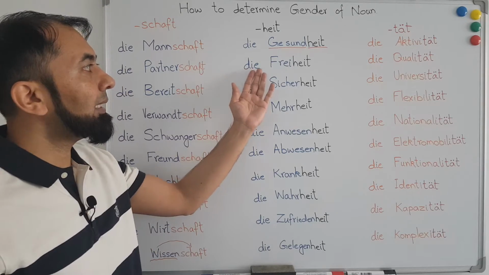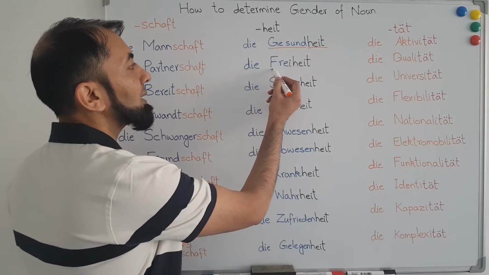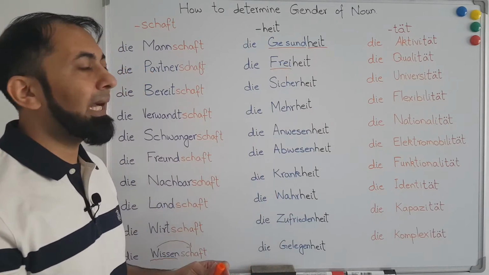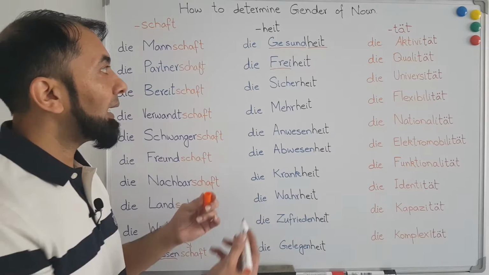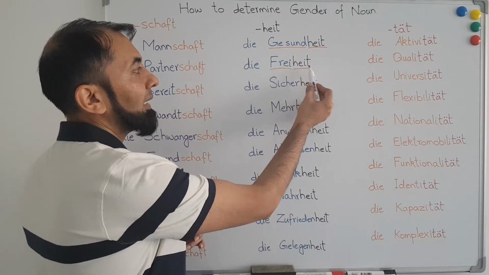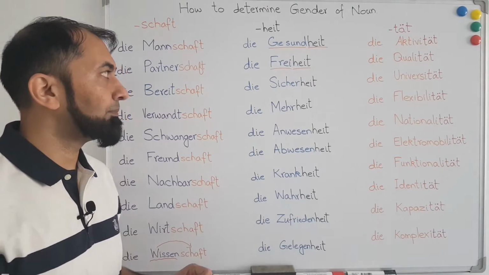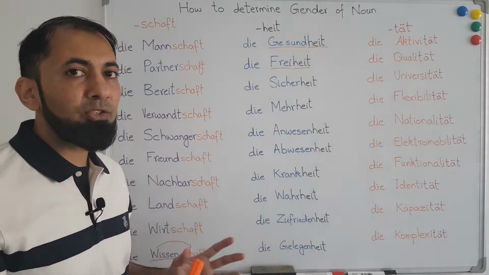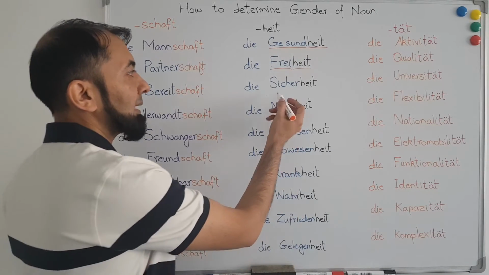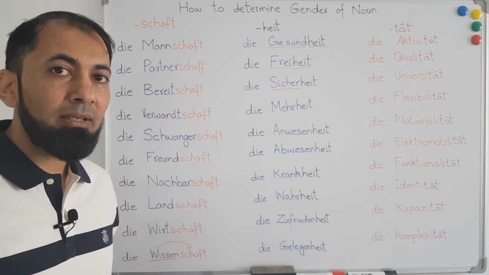Next is die Freiheit. Again consists of two words. The first one is frei, which means free. Bist du frei? Are you free? And if you put a suffix -heit, it will become Freiheit, which means freedom. The next noun is die Sicherheit. Again consists of two parts. First part is sicher. Are you sure? Sind Sie sicher?